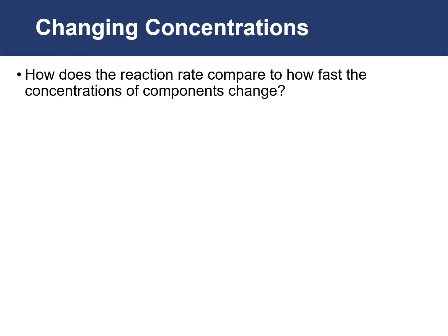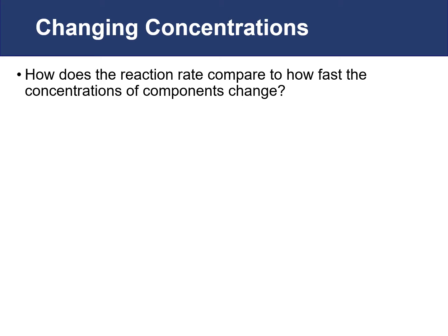So if we're talking about reaction rates and those being measured in terms of concentration over unit time, one of the things that we're going to be interested in is how the reaction rate compares to how fast the concentrations of our components are changing. Now, how fast the components are going to change depends on the reaction that we're looking at.